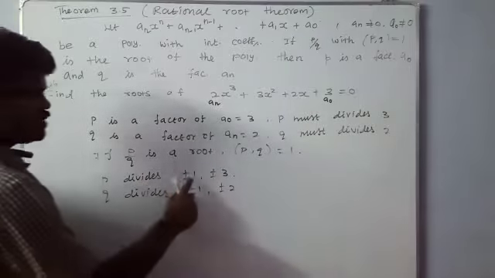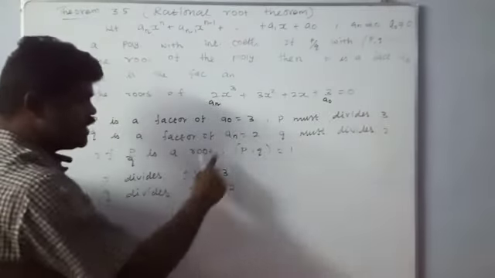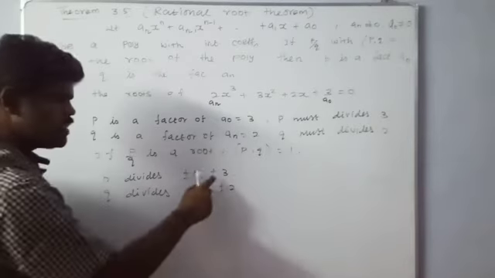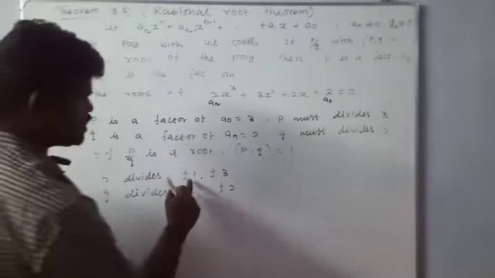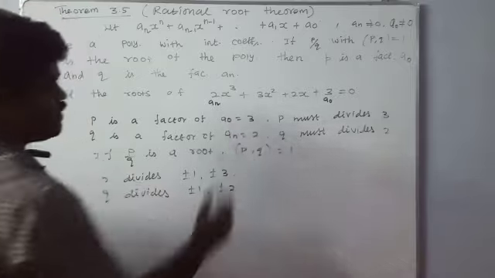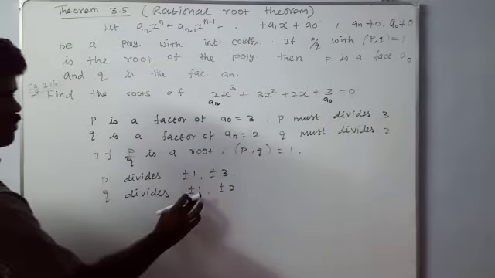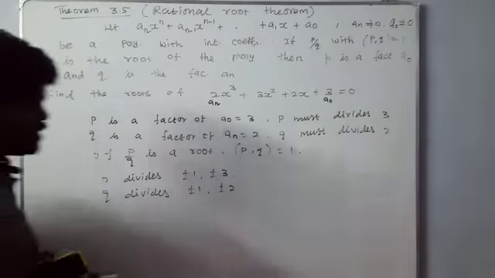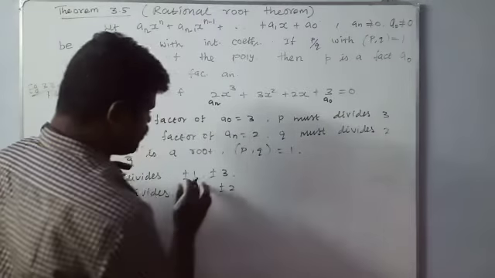So p divides plus or minus 1 and plus or minus 3, since 1 divides 3 and 3 also divides 3. Here both plus and minus terms are there. So plus or minus 1 and plus or minus 3 divide 3, and plus or minus 1 and plus or minus 2 divide 2. What are the p by q forms?